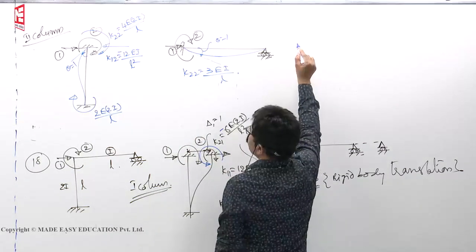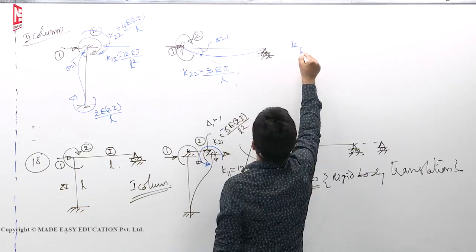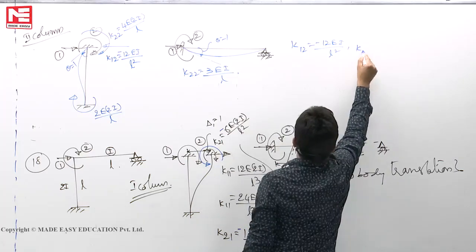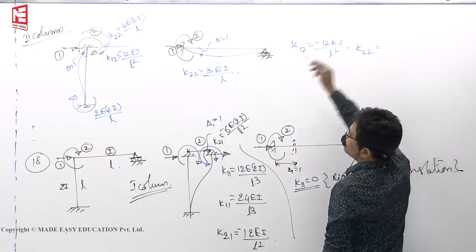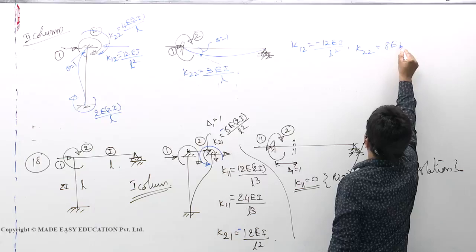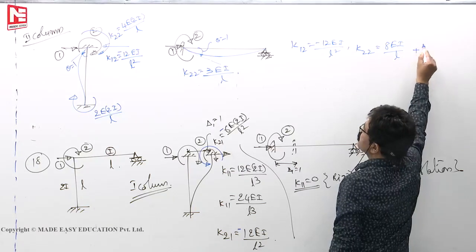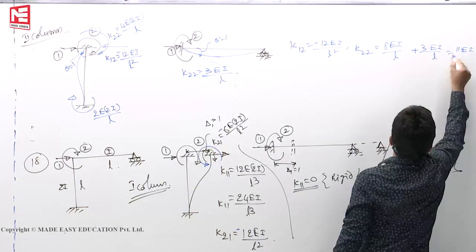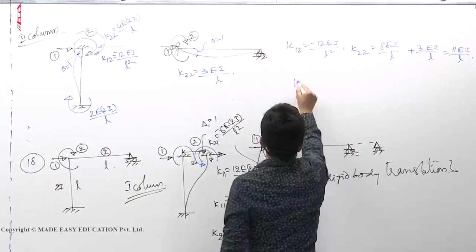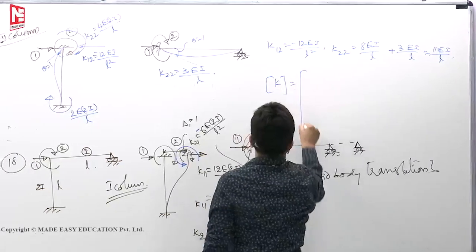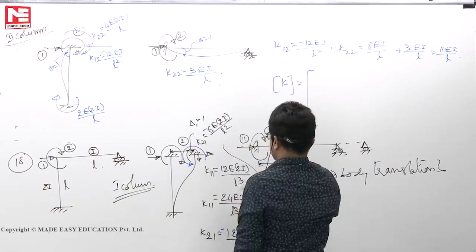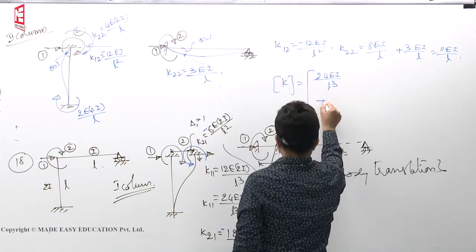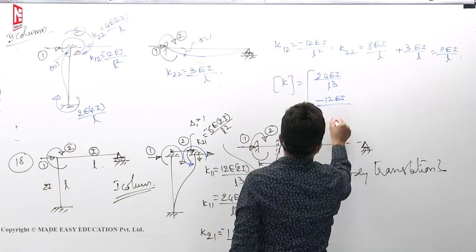So now K12 is minus 12EI by L square. K22: 4 into 2, 8EI by L plus 3EI by L, that is 11EI by L. So your stiffness matrix K becomes, first column is 24EI by L cube, minus 12EI by L square.